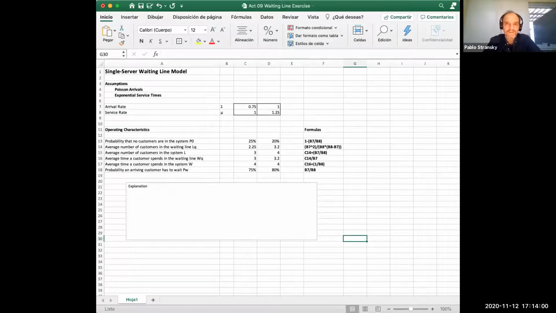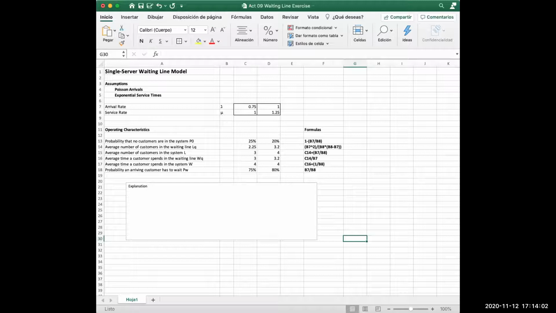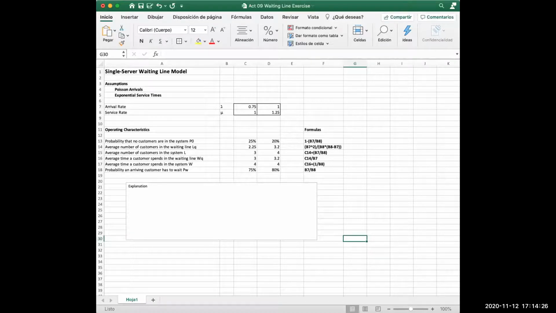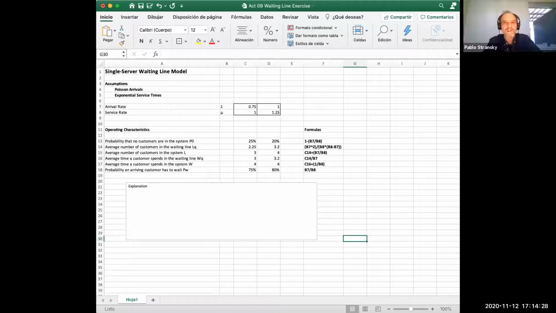In general terms, what do you believe is happening in the second case? Can you say it improved? No. Okay, and what else could you say?